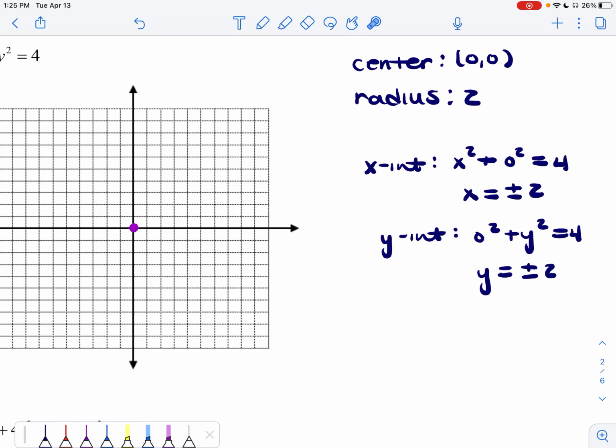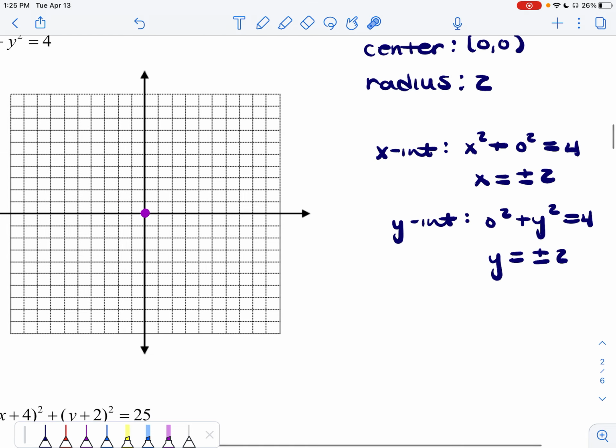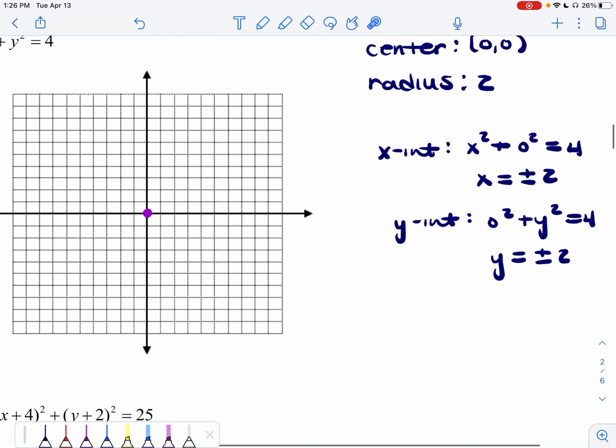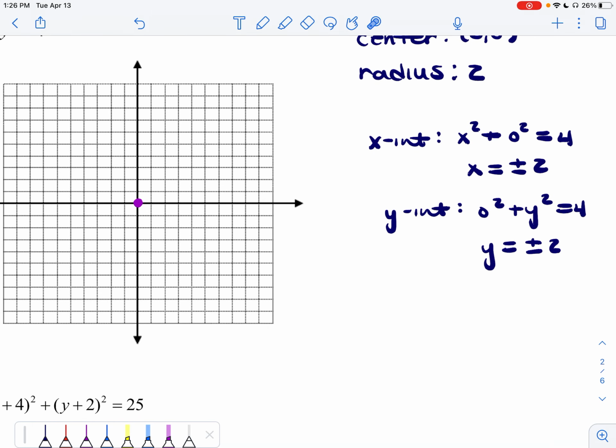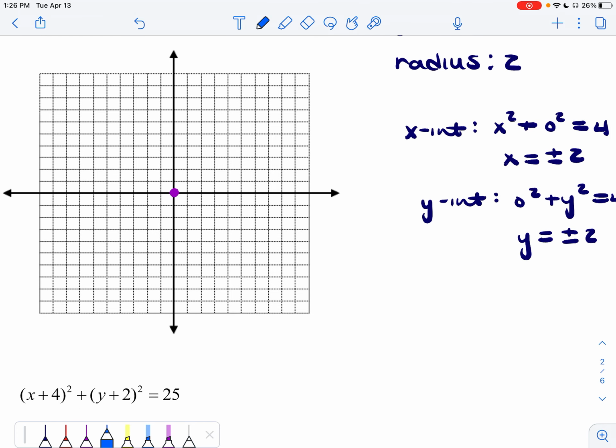Now, really, all you need is 4 points, basically the top, the bottom, the left, and the right, and then if you can eyeball a circle pretty well, you'll be fine. The x and y intercepts can certainly be helpful in helping you figure out those points, though. So in this case, these give us pretty much all the points we need, because our x-intercepts are just at positive and negative 2.